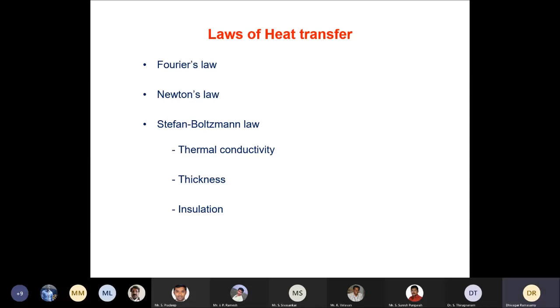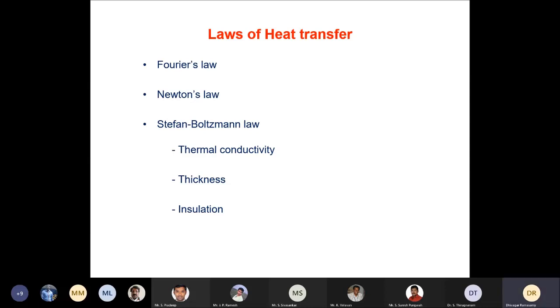For any thermal systems they are manufacturing or experimenting on, that system should be perfectly insulated, because they will be studying the full heat transfer. So we have to insulate that system in a perfect manner to retain the heat, so the heat loss to the atmosphere will be minimized. That is called insulations.